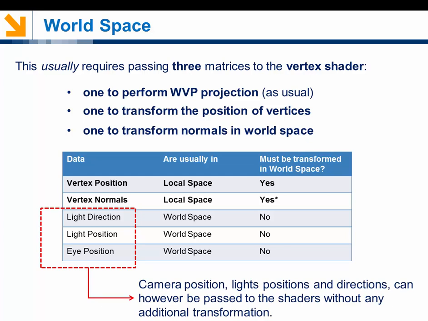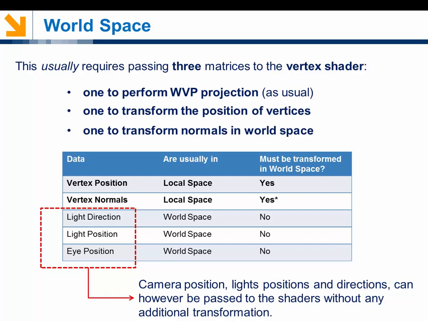The advantage here is that light direction, light position, and eye position can be passed to the shaders without any modification. This is something good when we have many lights, for example. If we have many lights, not having to transform them from one space to another saves us matrix multiplications.